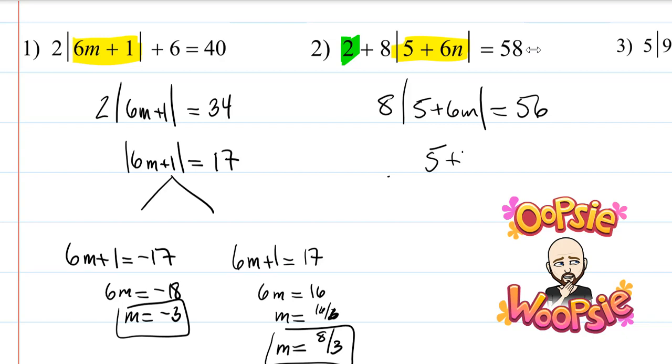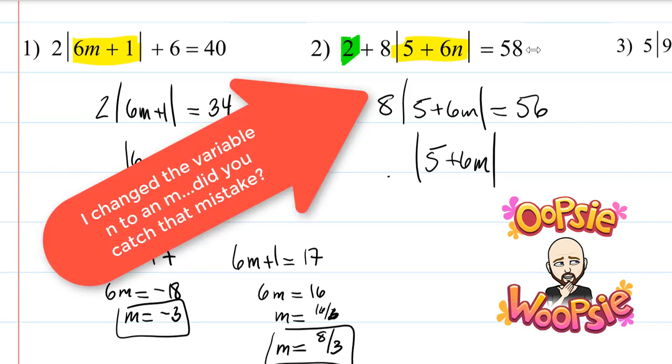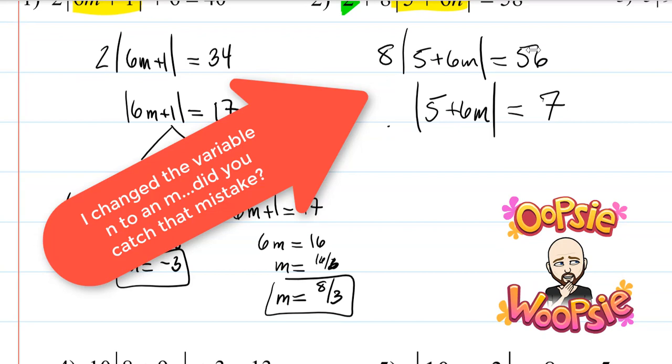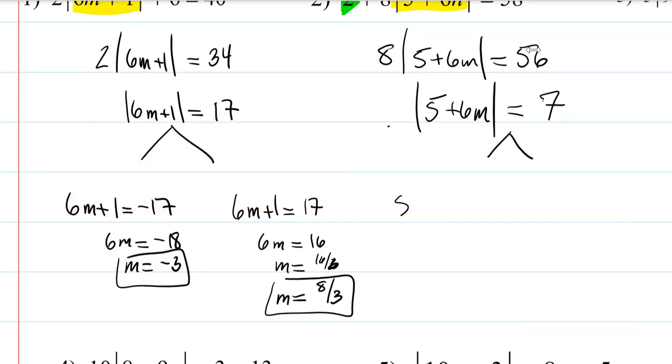So then we'll get 5 plus 6m. The absolute value of that is going to be equal to 56 divided by 8 gives us 7. And then once we've got that all isolated by itself, yes, 7 is positive. So we're going to set that up into 5 plus 6m equals negative 7 and solve that. And then 5 plus 6m equals positive 7.